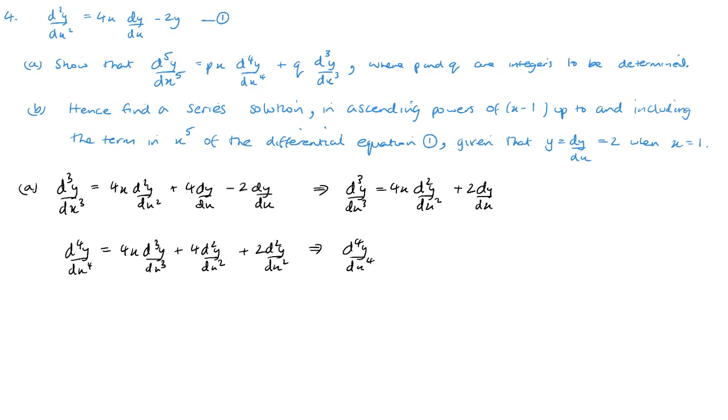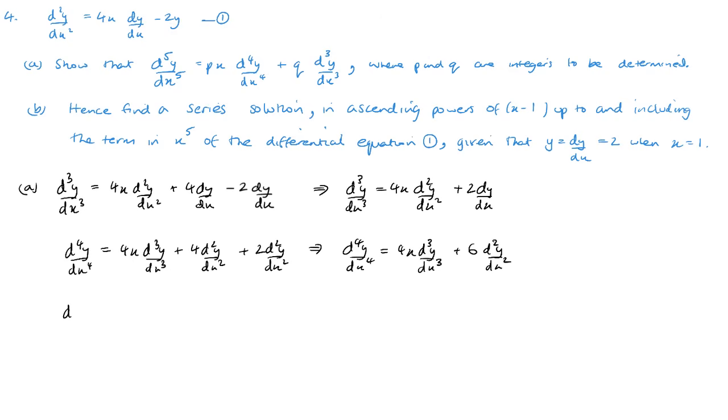So just simplifying this, we get this plus 6 d2y by dx squared.